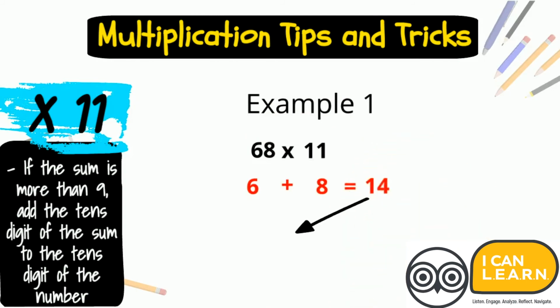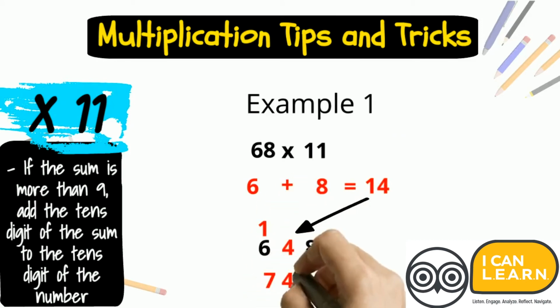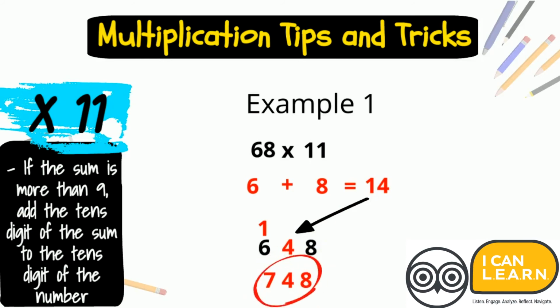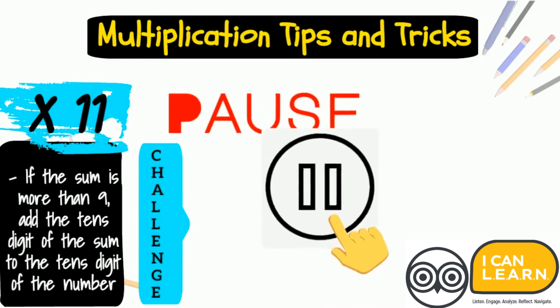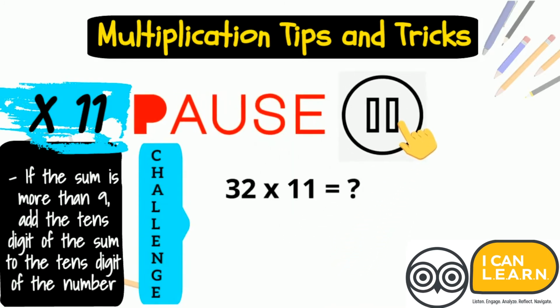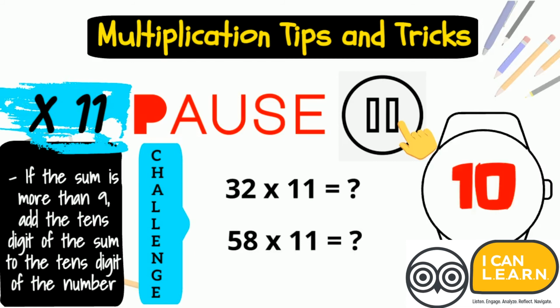You have to put 4 between the digits, and then add 1 to the tens digit 6, giving you 748 as the product. Now, for the challenge, try to do 32 times 11 and 58 times 11.